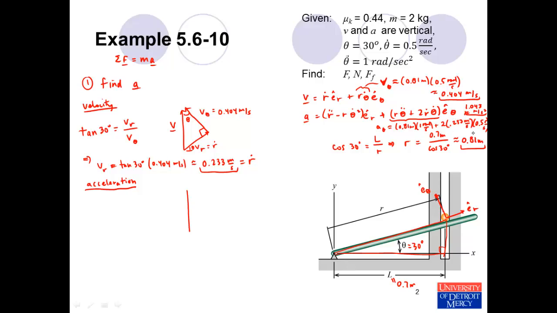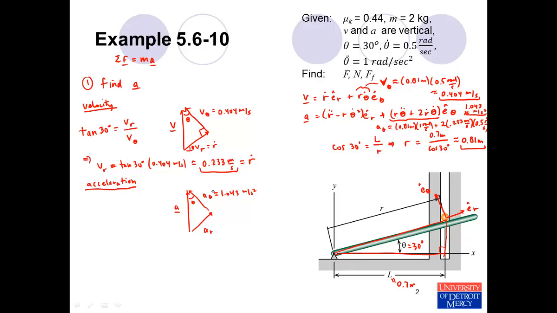The transverse component of the acceleration is positive in the positive transverse direction, approximately 1.043. In order to make this triangle work out, the radial component must also be in the positive direction, and that means that the acceleration is upward.